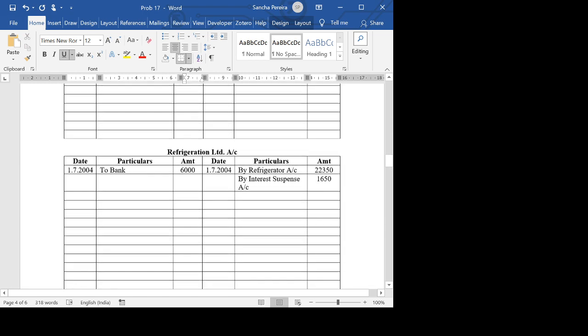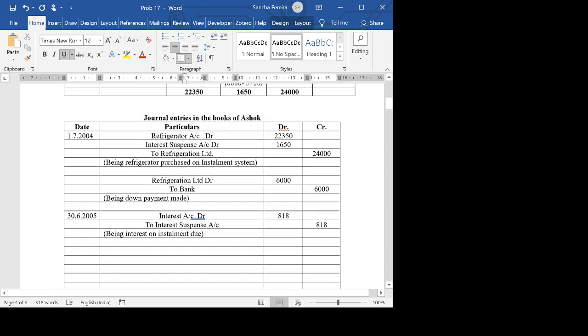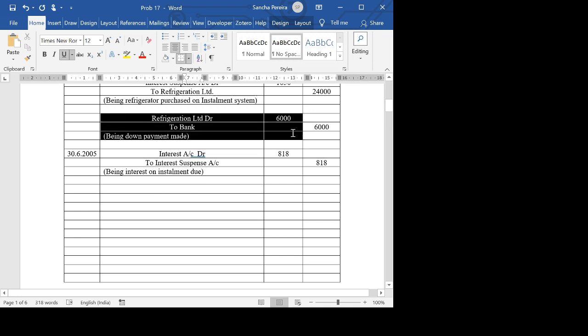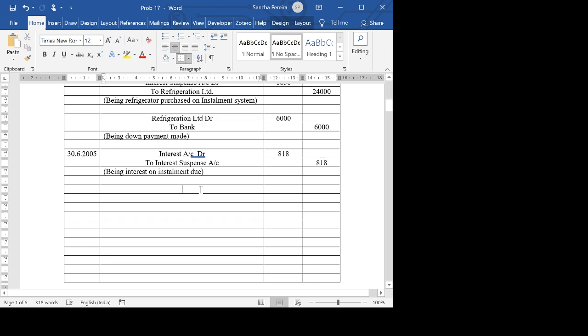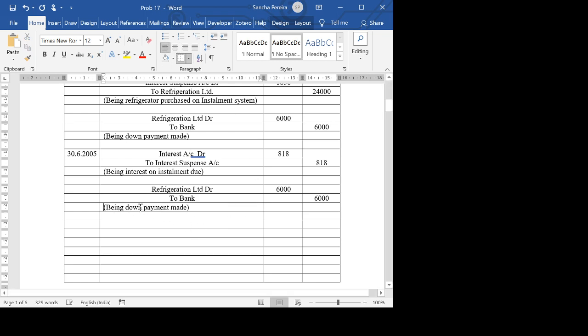So once we show the interest, the next thing we do is pay the installment. So come back here to pay the installment. The installment will be the same entry, just copy the same thing, on the same day: refrigeration account limited debit to bank, being installment paid, or you can say first installment paid, up to you.